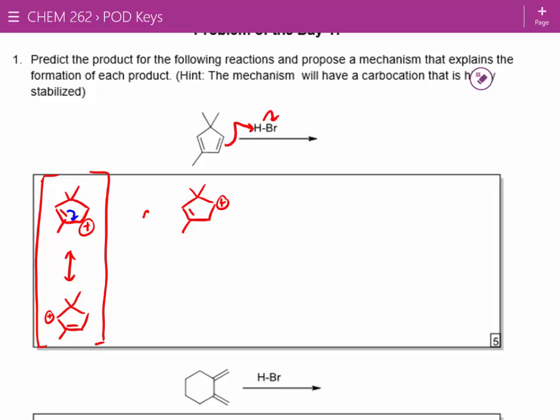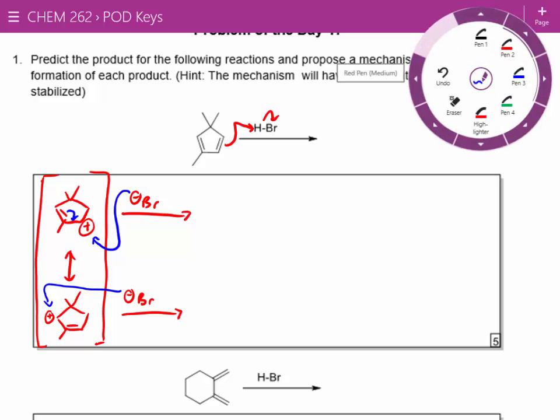So let's say that, all right, we've identified our most stable carbocation, which we said was the one on the left. So if we've still got bromine or bromide floating around, we can get two different products out. We can say, all right, this bromide can attack that carbocation, or it can attack that carbocation.